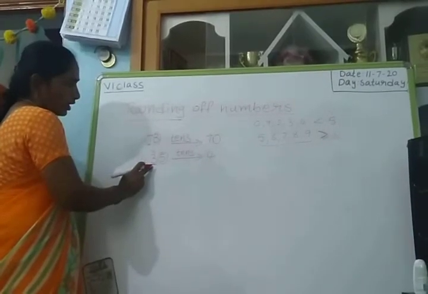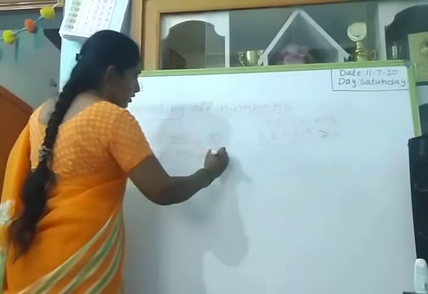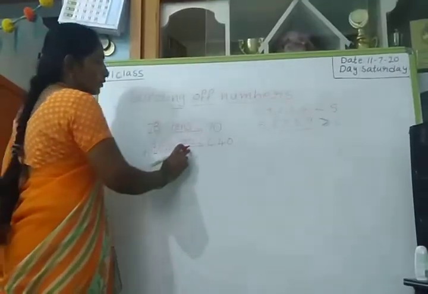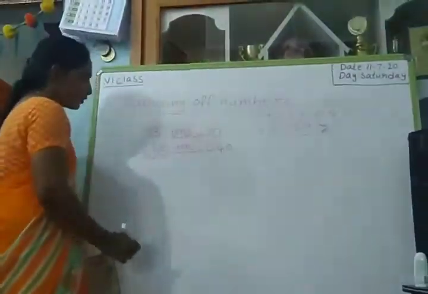The tens place digit is 3, and 3 plus 1 is 4, then 0. So 435 to the nearest tens is 440.